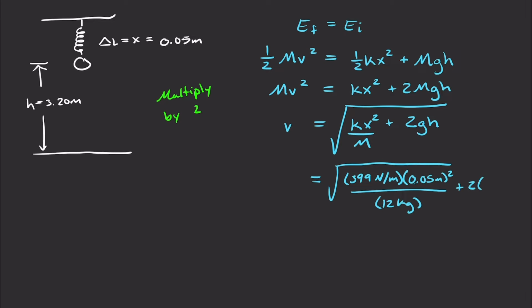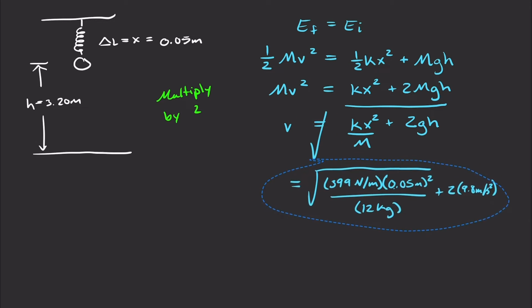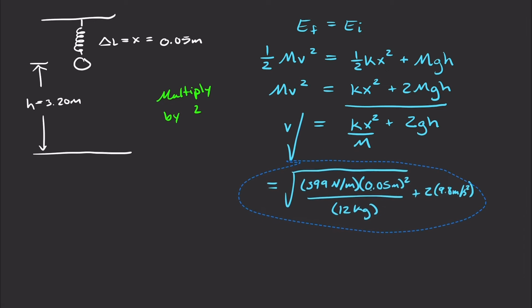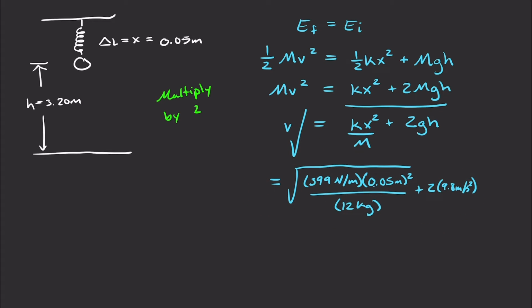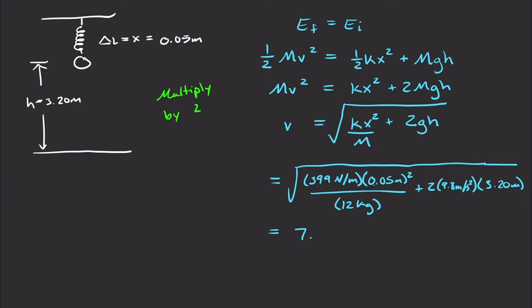And then plus 2 times 9.8 meters per second squared, and then our height is 3.2 meters. And if you plug that in, you get 7.92 meters per second.